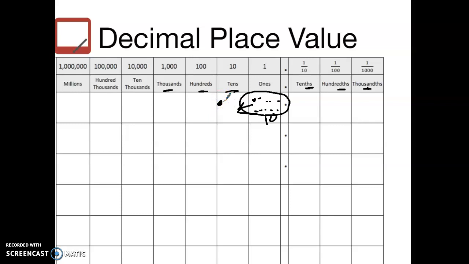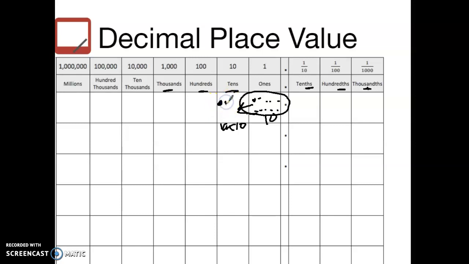So let's do that same thing. What happens when I multiply 10 ones, a 10, by 10? So now we're going to show 10 times 10. We can draw 10 tens. So we're going to make 10 copies of a 10.